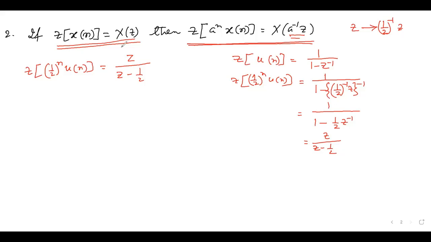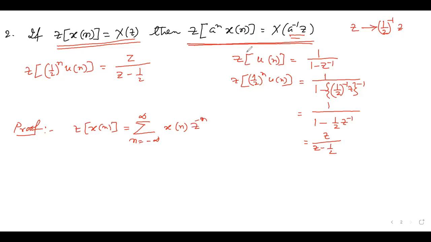So let us prove that. We know the Z transform of x[n] is the summation from n equal to minus infinity to plus infinity of x[n] z to the power minus n.